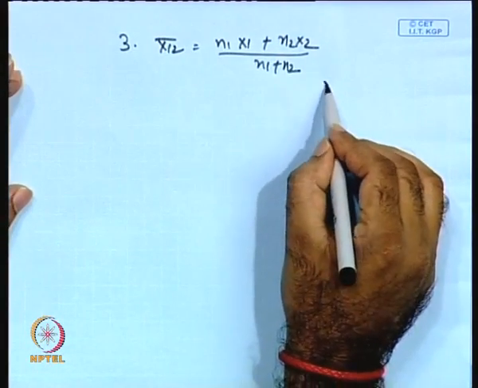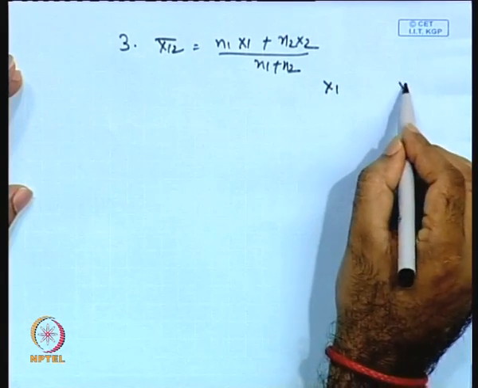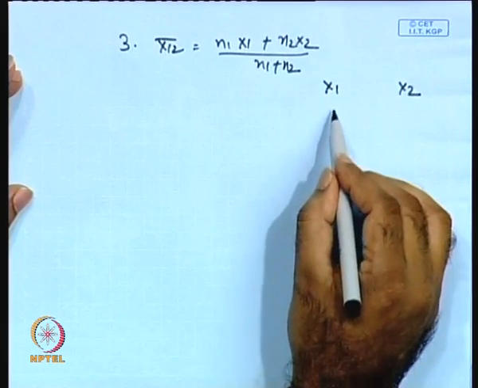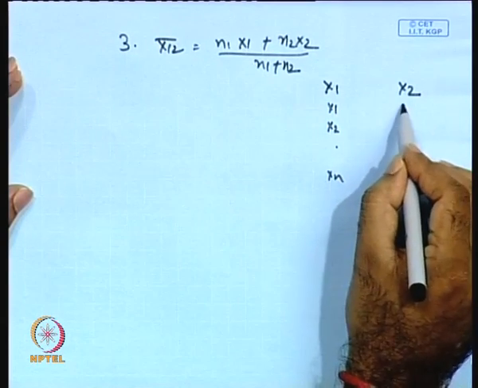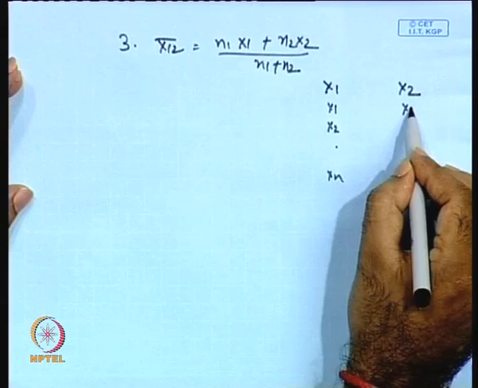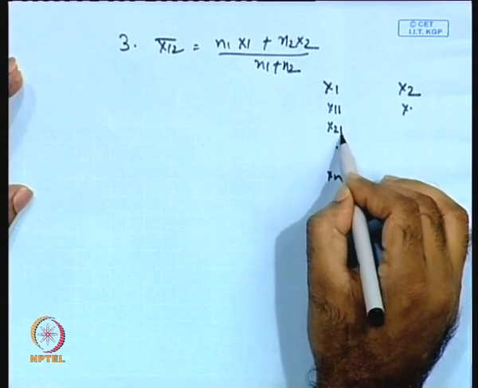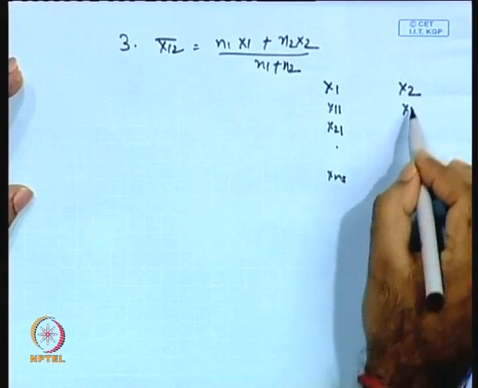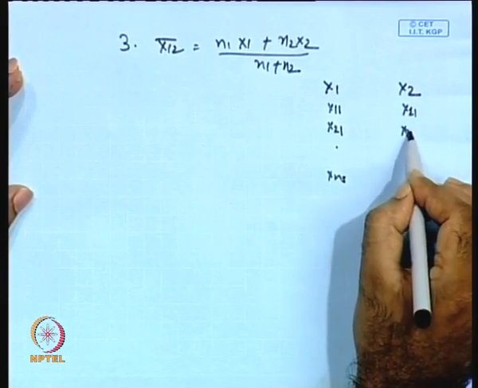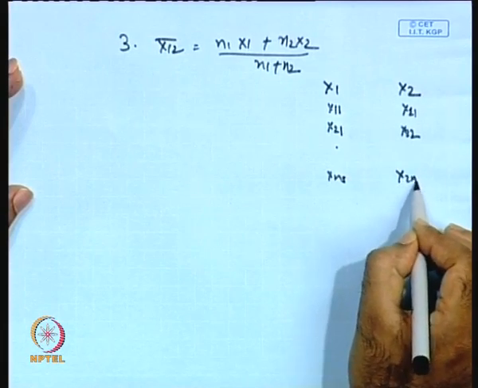That means, let us say there are two variables x1 and x2. So, corresponding to x1, you have information x11, x12 up to x1n1, and then for x2, you have x21, x22 up to x2n2.